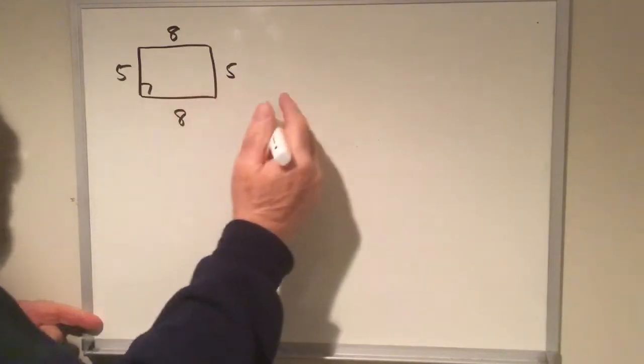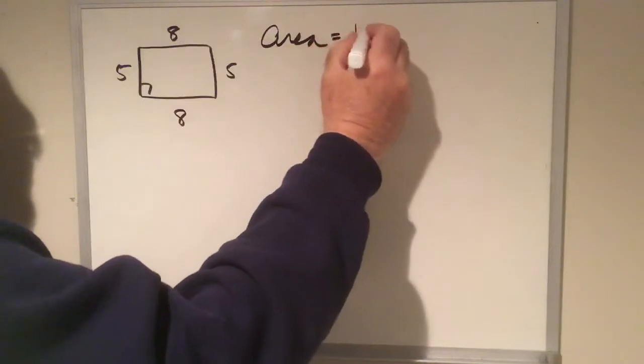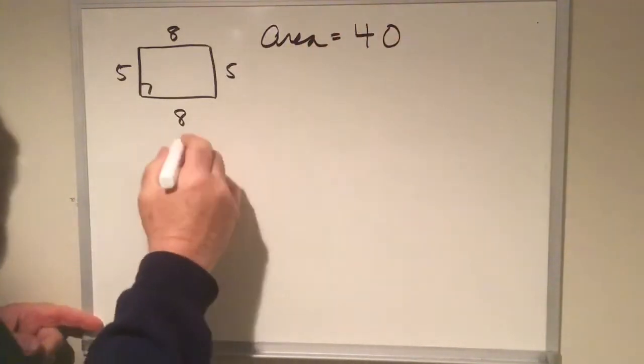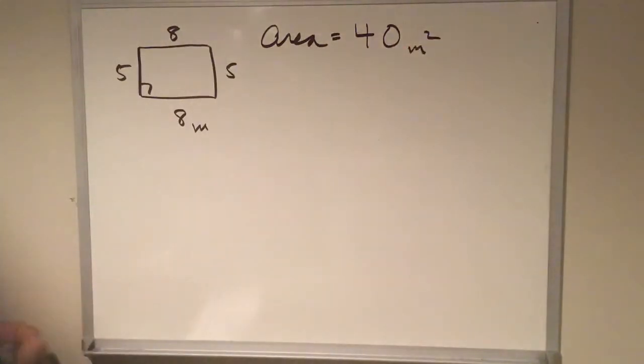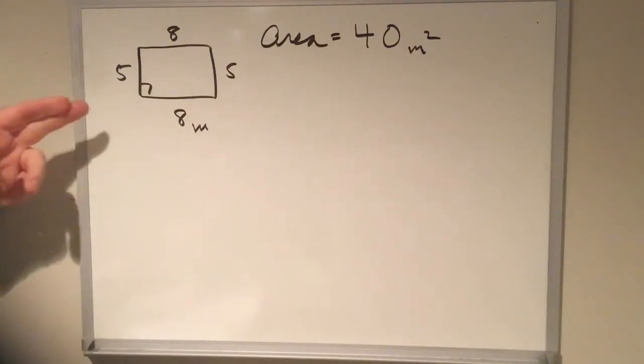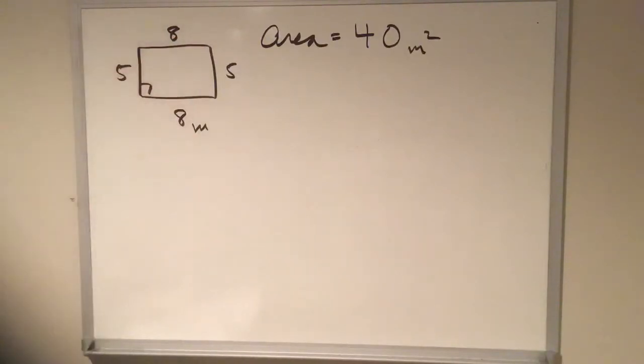If it's this way, it'd be 8 times 5. But either way, the area here is 40. Now again, depends on the unit of measure. If it's meters, area is square meters, right? Square units. Talked a little bit about area earlier in the year, how it's two-dimensional. It's not just a linear measure. It's two-dimensional. It's flat space. Okay, so the area of that rectangle is 40.